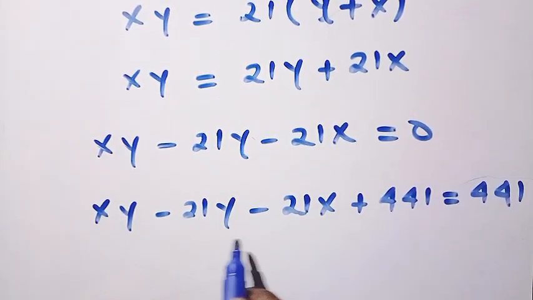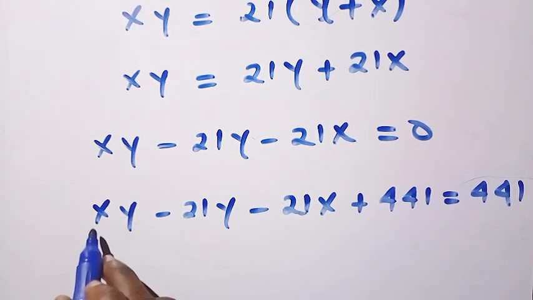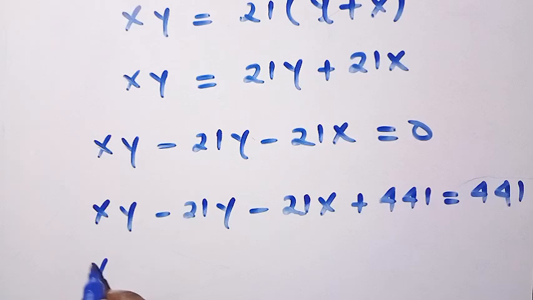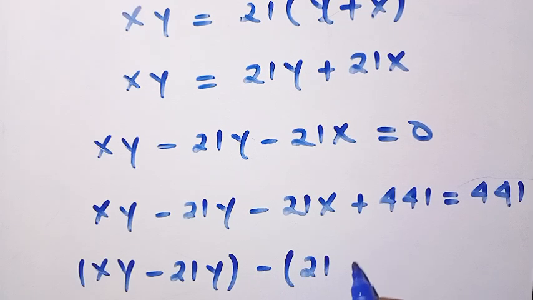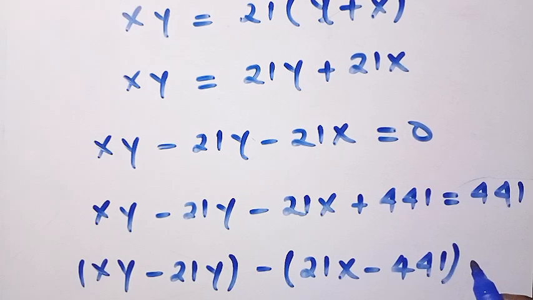Then by grouping, we have xy minus 21y in bracket, also minus open bracket 21x minus 441 equals 441.